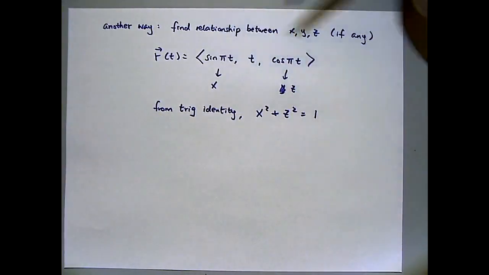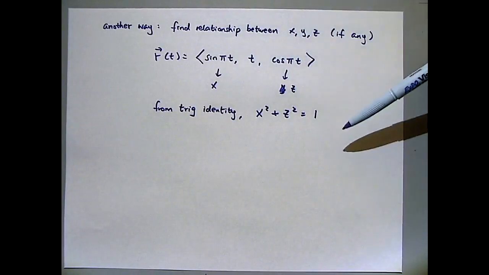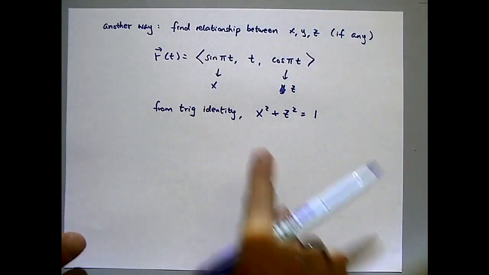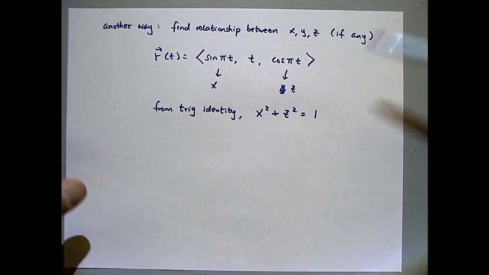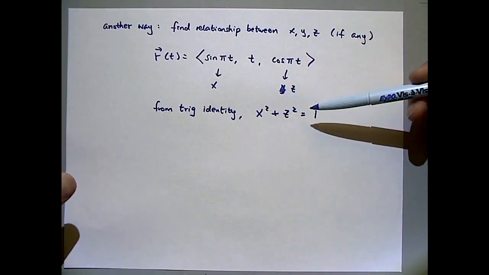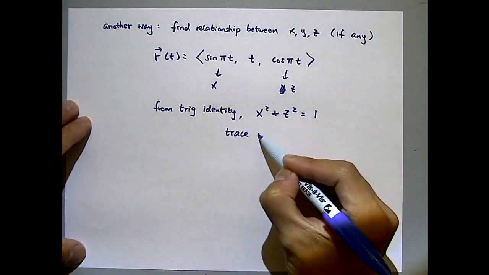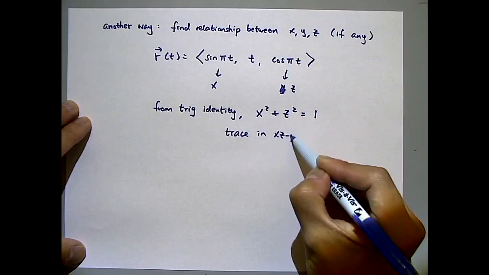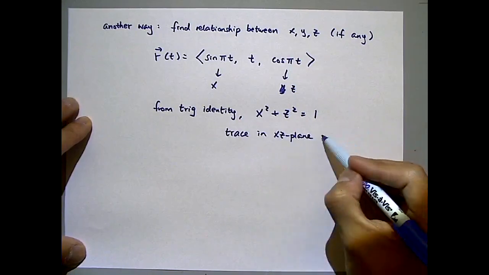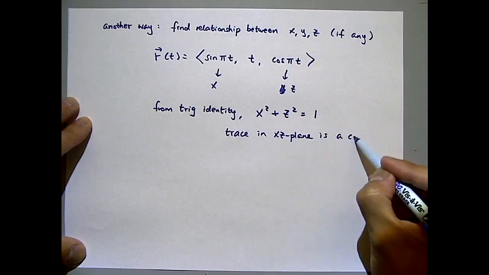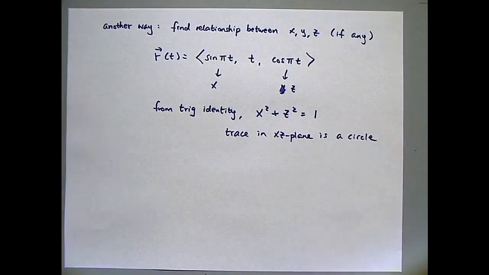Sine squared of something plus cosine squared of something else is always equal to 1. So this is telling you that the cross-section, or trace, in the xz plane is a circle. If I'm looking down at the xz plane, either from the positive y or negative y direction, I see a bunch of circles.